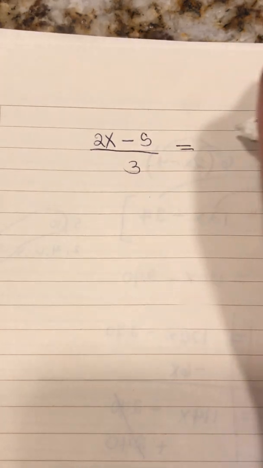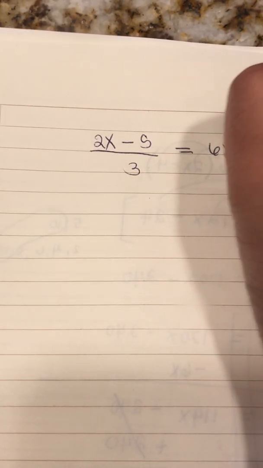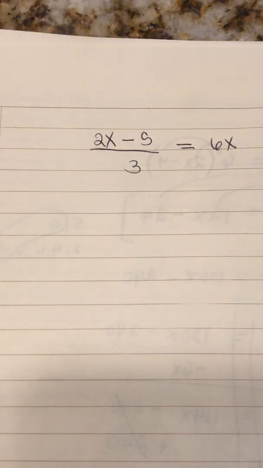Let's see. 2x minus 5 all over 3 is equal to 6x, for example. Okay?